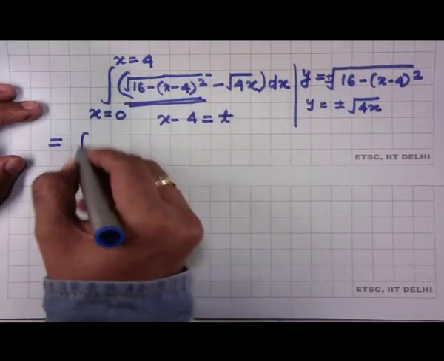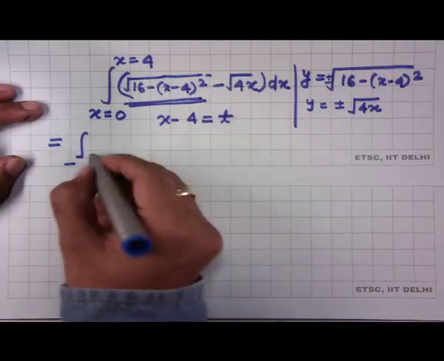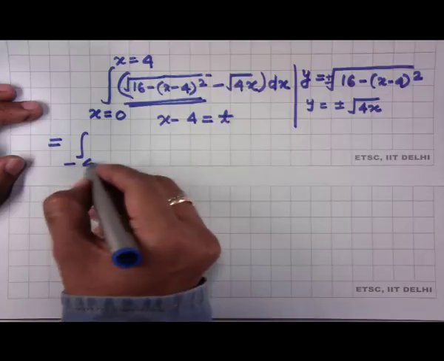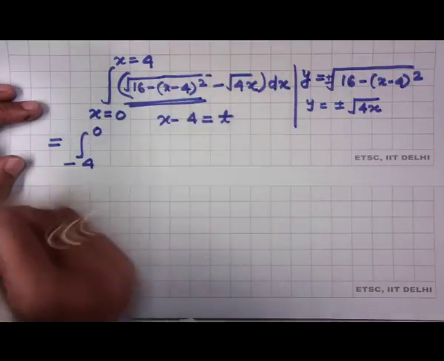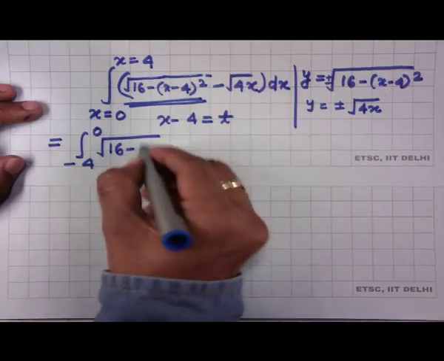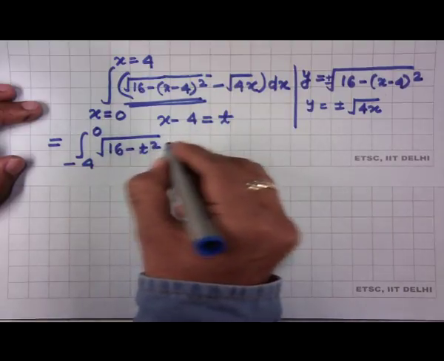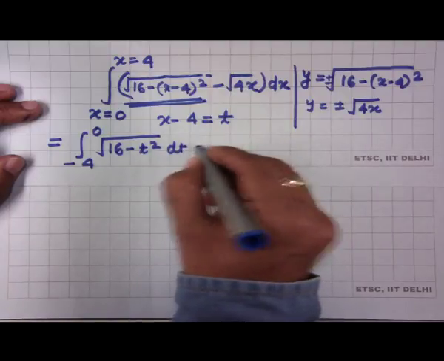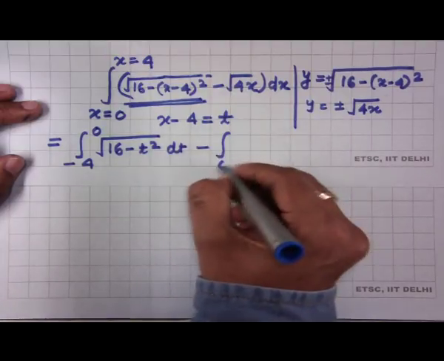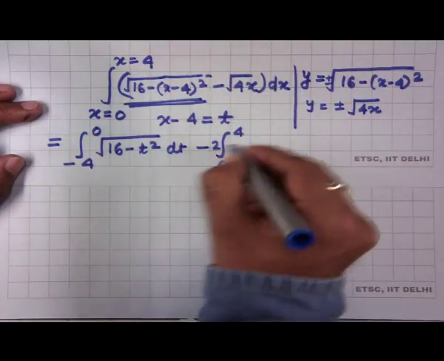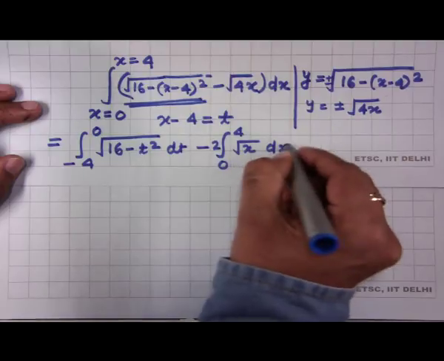You get the limit at x equals to 0, t limit will be minus 4, and at x equals to 4, t limit will be 0, and you get here root of 16 minus t square dt, and this integral we can write as it is.